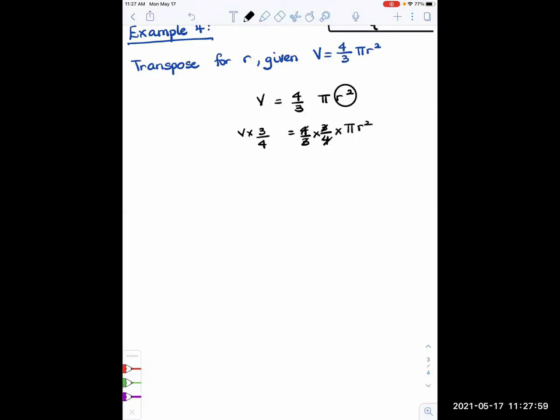My fraction is going to cancel from my right-hand side, and I have 3V over 4. Then I am going to divide both sides by pi, because the inverse of multiply by pi is simply divide by pi.